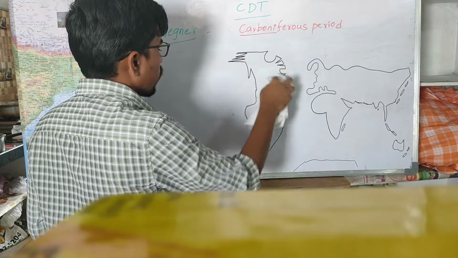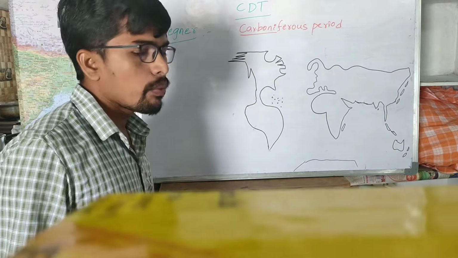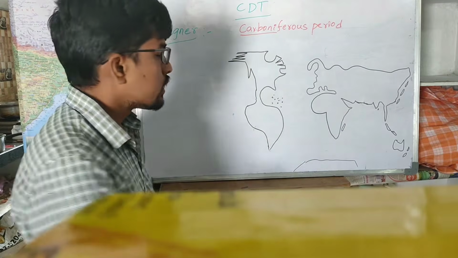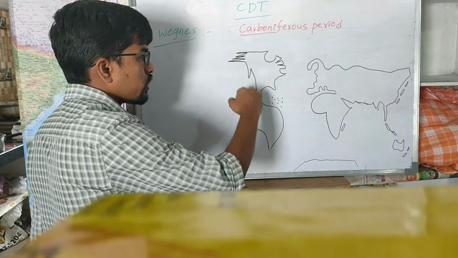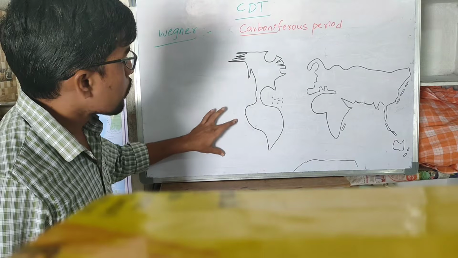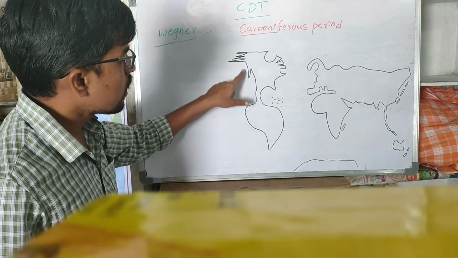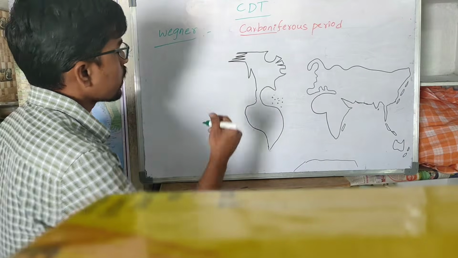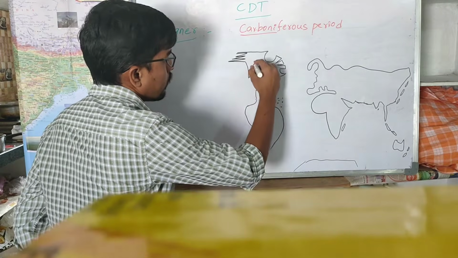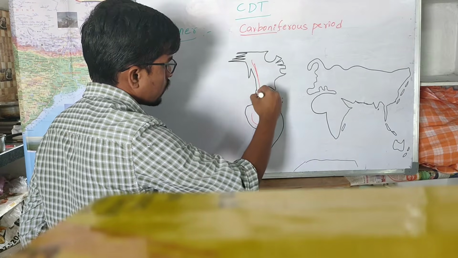when these continents, especially North America and South America, are moving in the westward direction, the continental crust boundaries are crumpling, or colliding with the oceanic crust of the Pacific Ocean, and they started forming a mountain range system.